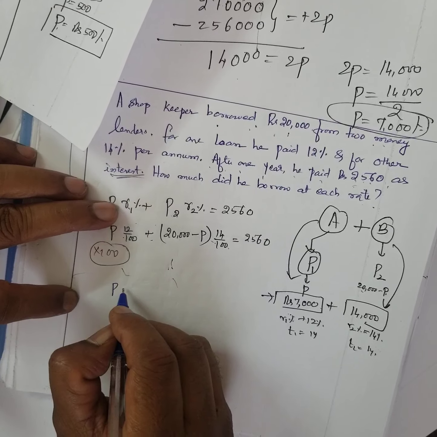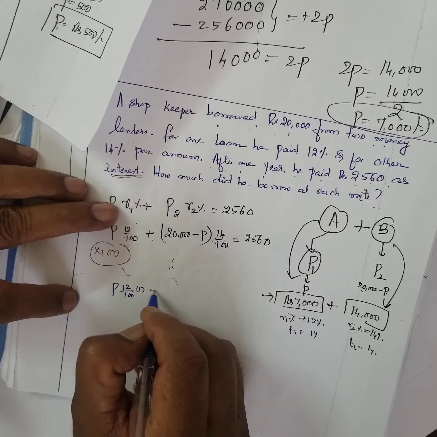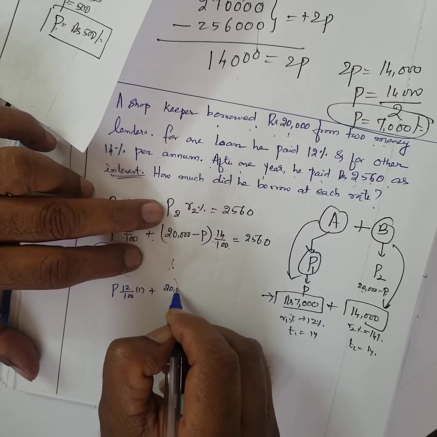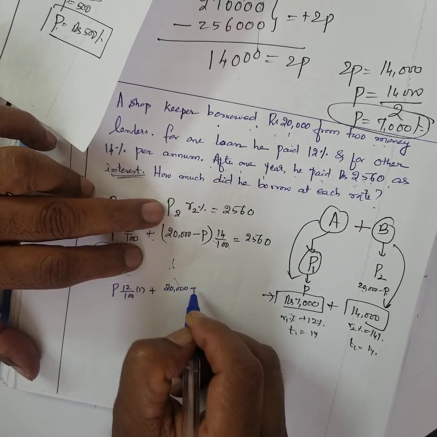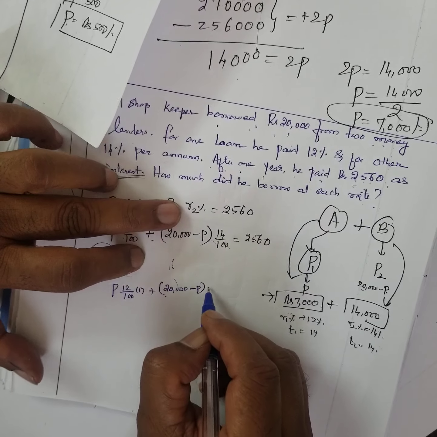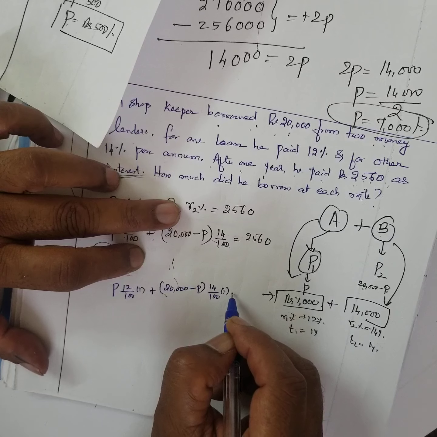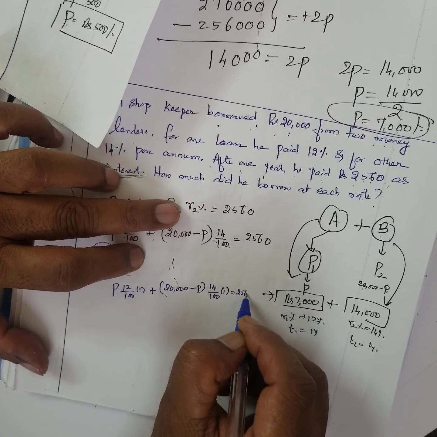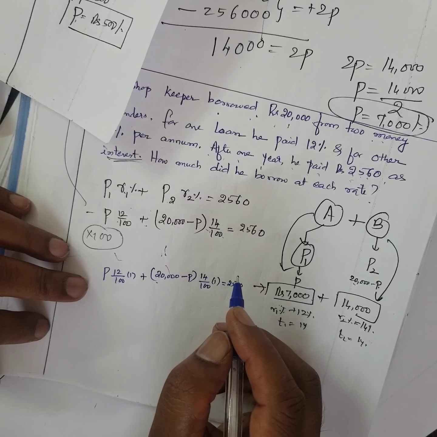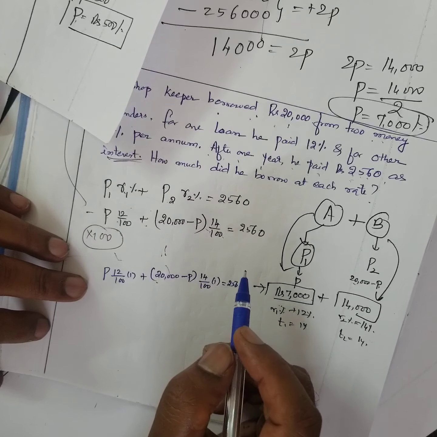P, 12% means 12 by 100 into 1 year, plus P2 is what? 20,000 minus P and 14%, is it not? 14% into 1 year is equal to 2560.